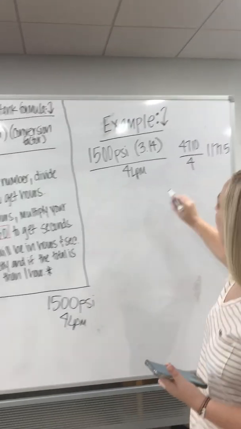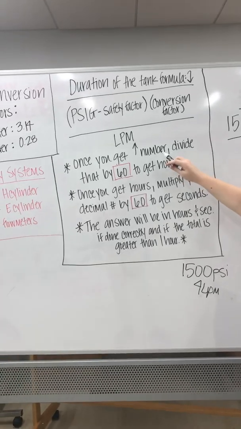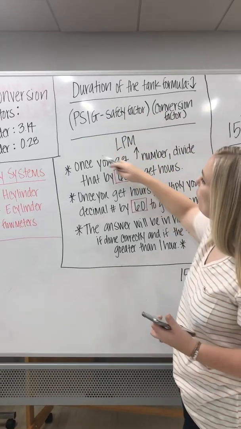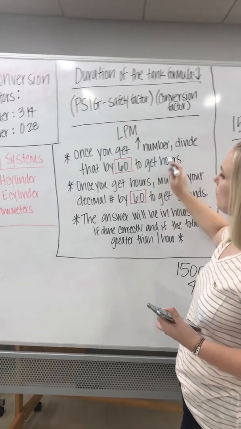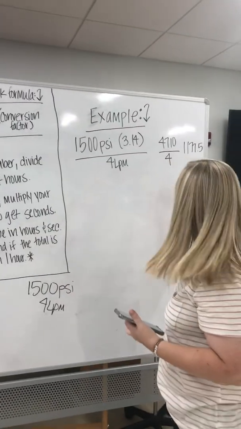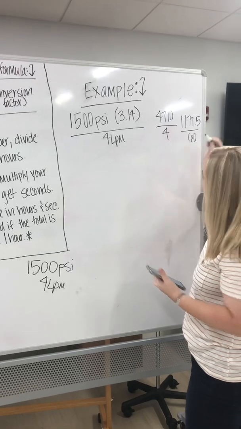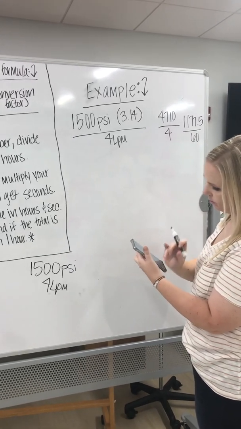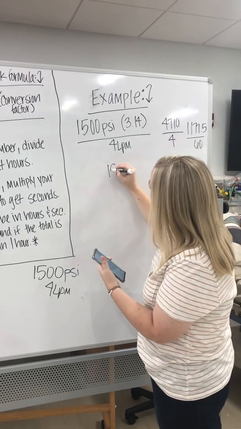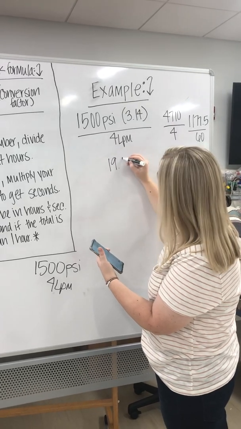Now, once you get your number from this formula, you're going to divide that number by 60 to get your hours. So you're going to take 1177.5 divided by 60. It's going to give you 19.62.